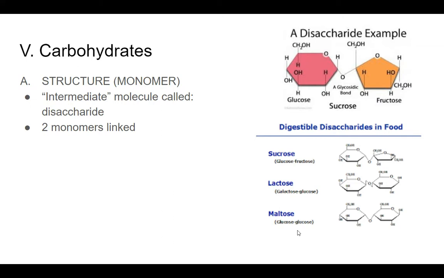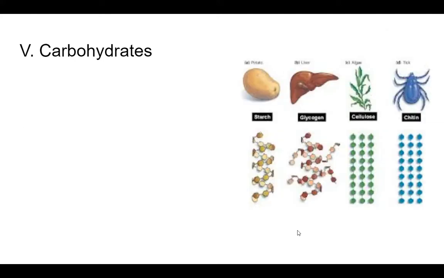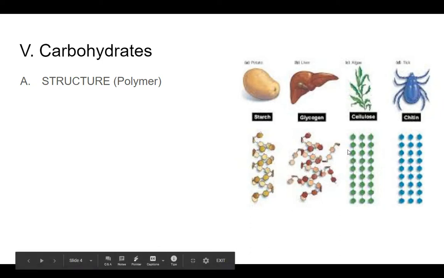So a polymer that is generically called a polysaccharide. Here are the four primary polysaccharides, the four that we specifically will be talking about. And so when you look at the structure, you can still see the individual little monomers linked together.